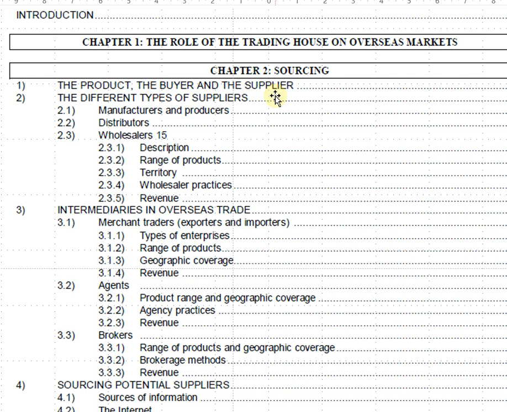Revenue is the total amount of the selling product. We call that revenue.